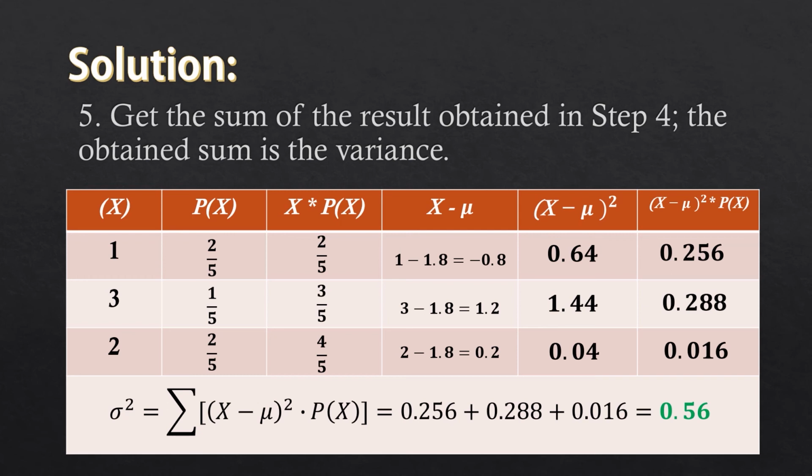And 0.56 is now the variance of the probability distribution we have in our problem.